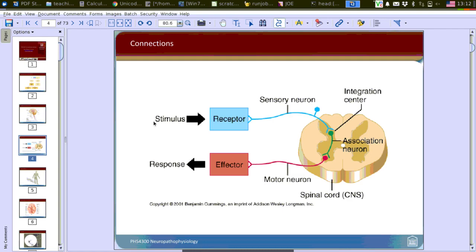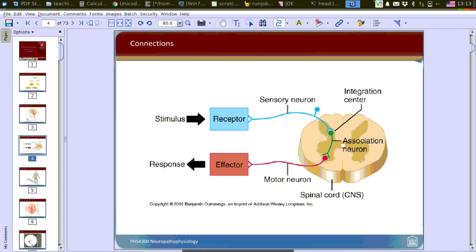You would have a stimulus that is transduced into electrical activity by a receptor, and then this, through synaptic chemical transmission, is propagated through a network. In this case, it's a small reflex network that leads to an association neuron that projects to a motor neuron that communicates with an effector.